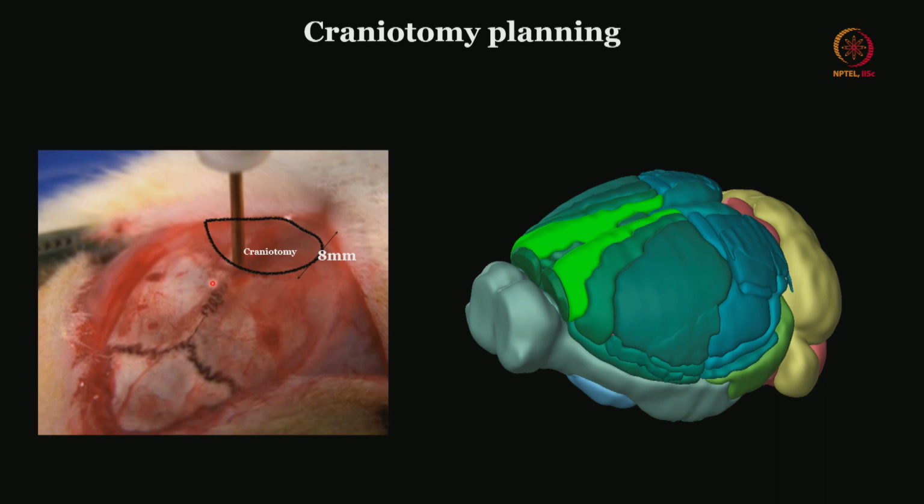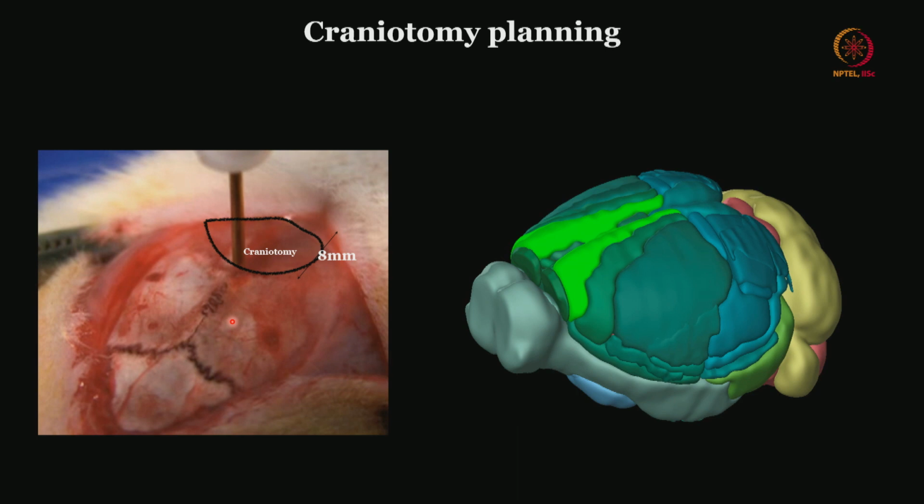So it's always safer to know beforehand which part of the brain you are going to expose, and the remaining area of the skull is useful for anchoring. And that's one reason why we expose the entire skull in rodent neurosurgery.